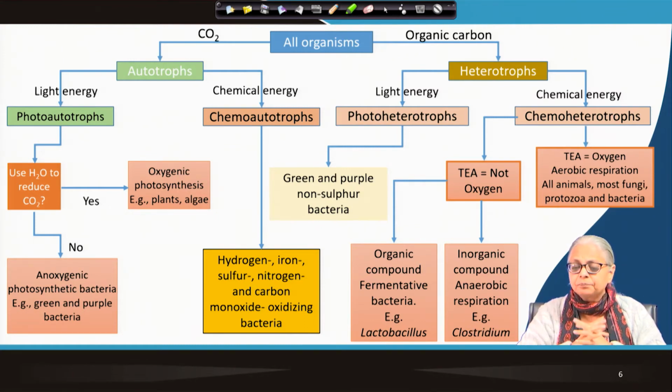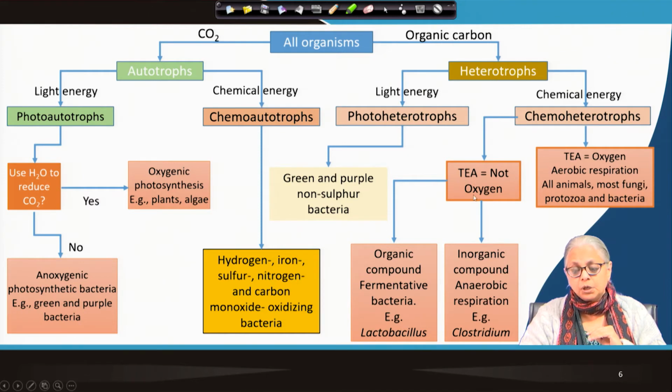Now, supposing there is no oxygen in the environment, does that mean life ceases to exist? Not at all. It means that there are other species that are capable of thriving under anoxic conditions. Even if oxygen is not available, there are species of bacteria that have adapted themselves, or rather they come from more primitive conditions perhaps, whatever the reasons, they are capable of surviving without oxygen.